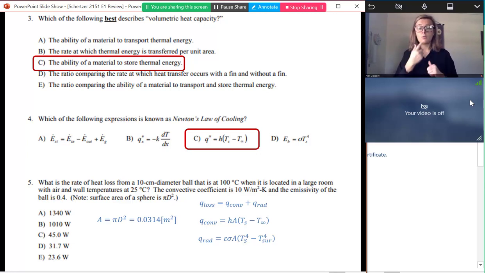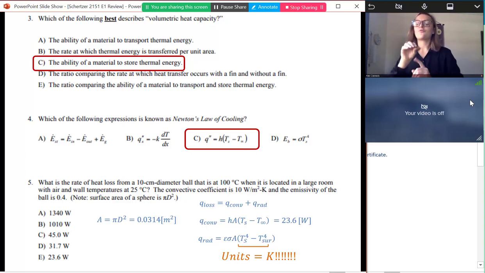And I can get a value for that, and I'm told all the other properties in my equations, so I can see that the heat transfer from convection is 23.6 watts, which is an answer here. So if I forgot radiation, I would have picked E, but I remembered that radiation is in this problem as well.